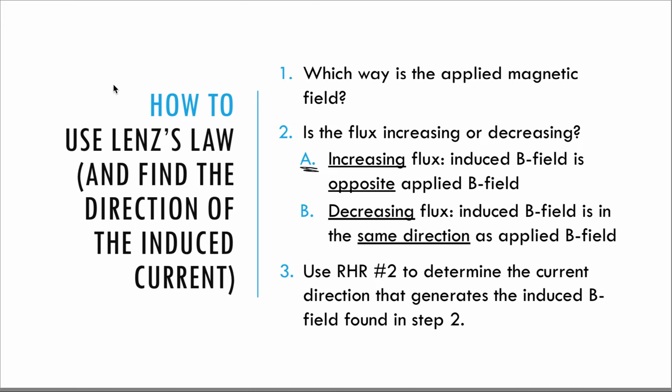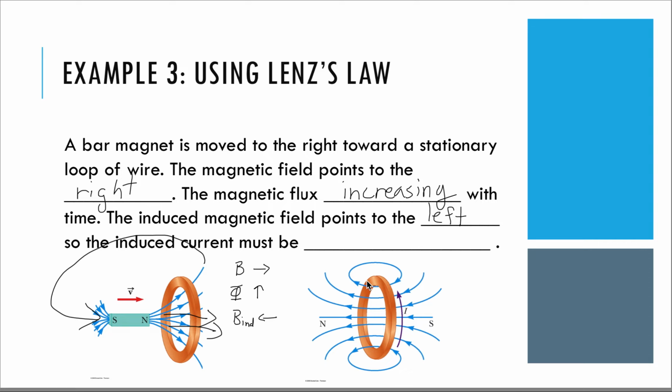And the last step is now to figure out, okay, what current induced in that loop will give us an induced magnetic field to the left. So do you remember that right-hand rule number 2? You're going to have a current induced in this loop. So you fold your fingers in the direction of that loop. It's kind of hard for me to draw, but if I try to draw it, you've got the knuckles here. I'm not an artist, but you've got your fingers going this way. You've got your thumb over here.